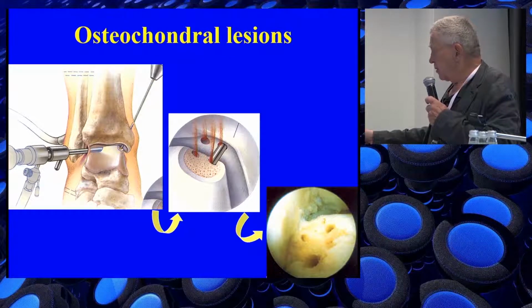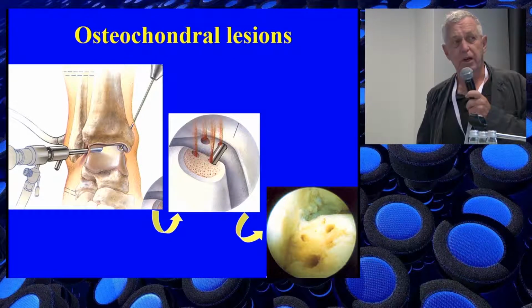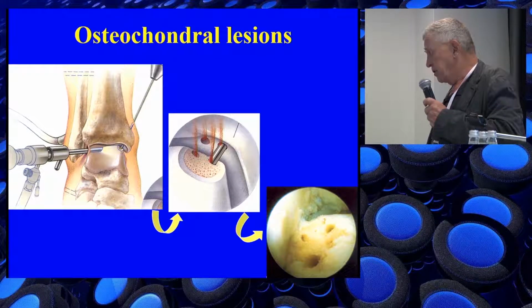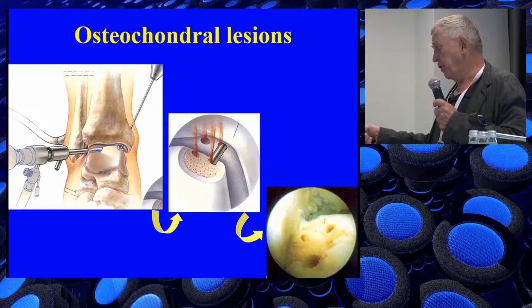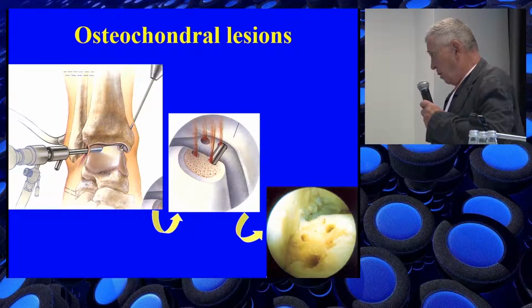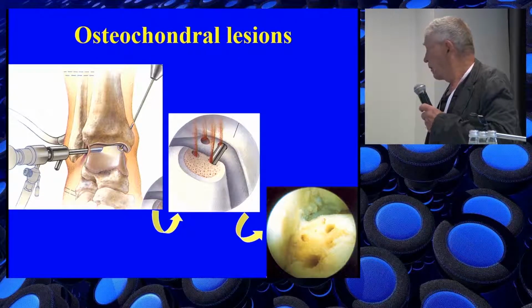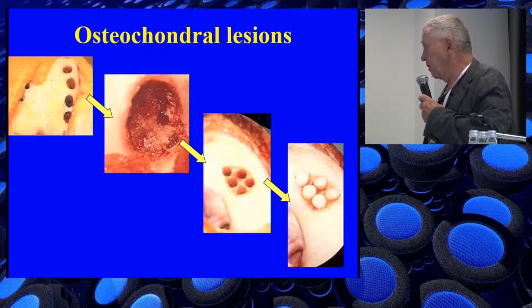The big thing is that you should mend this so that you have an intact surface, so that this injury will not propagate. If you do nothing, it will probably be bigger and bigger, and you will have a more intensive osteoarthritis coming. There are many methods of dealing with this.